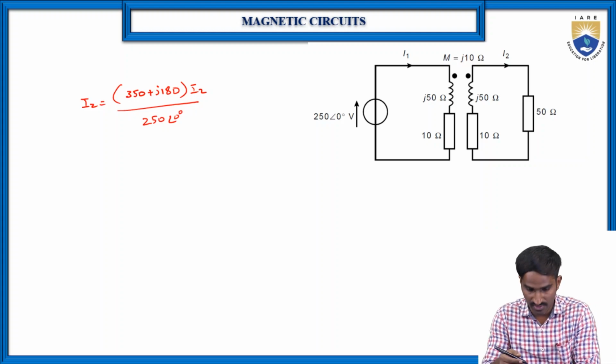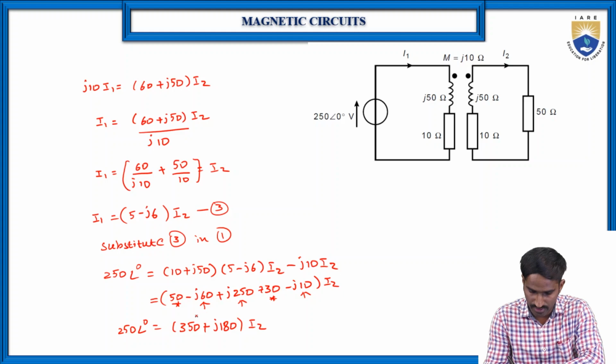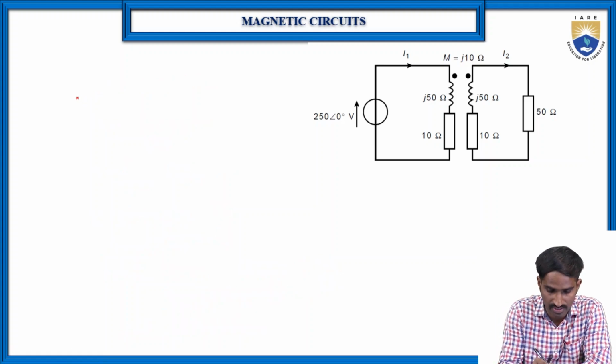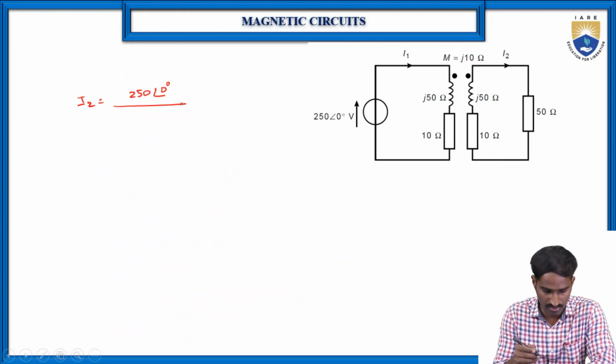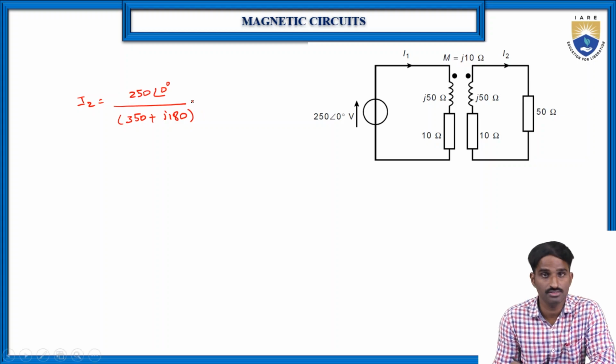No, sorry, here it is the reverse way, because we are going to send this one to the left hand side. So I2 is equal to 250 at an angle of 0 degrees divided by (350 + J180). Now this is I2.